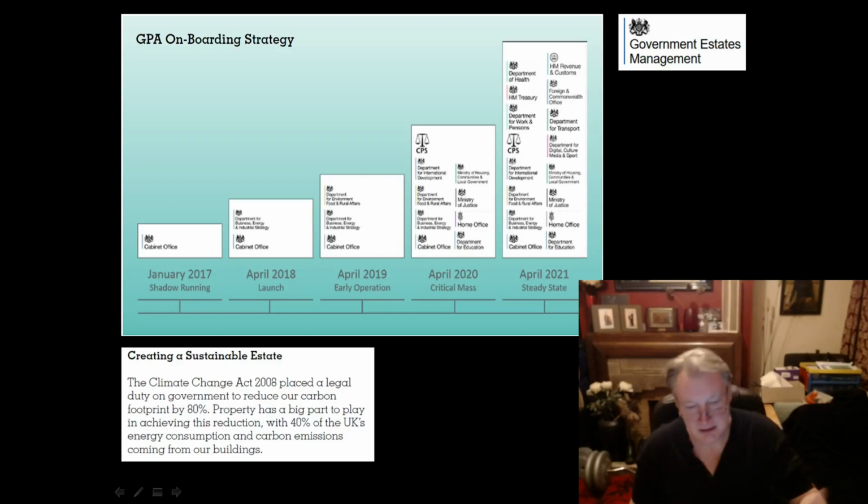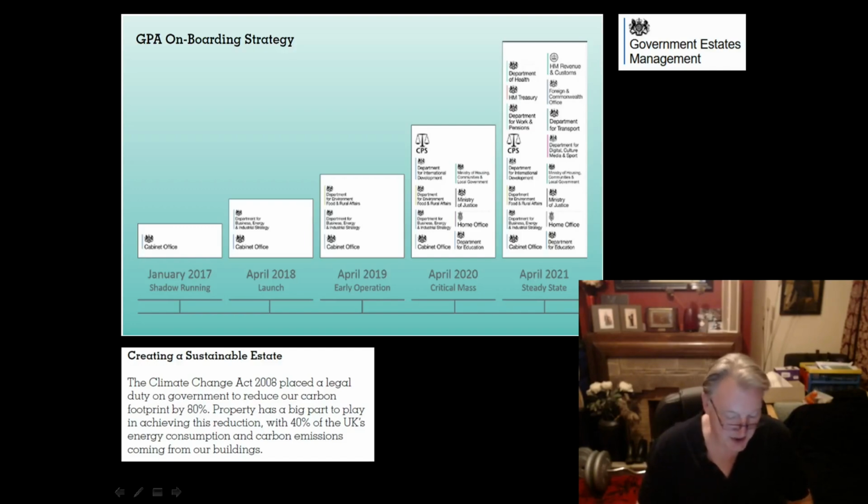Yes, great. Why do you need to be onboarded in this fashion? It's going to take you 4 years to talk to somebody that sat right next to you. Doesn't make an awful lot of sense. And the particular thing I want you to notice is that from April 2021, the Foreign and Commonwealth Office will be onboarded at that particular point in time. Keep that in mind for a minute.